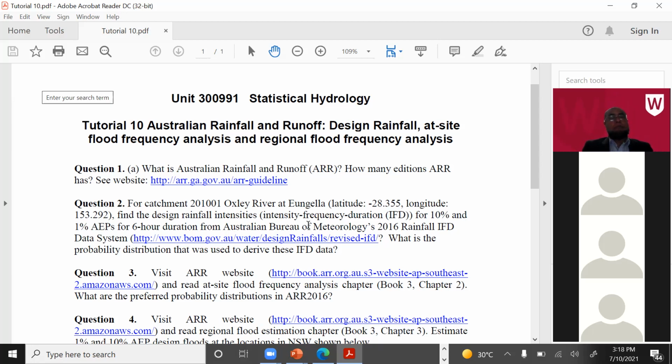I got 158 for 10% and 276 for 1%. What's the unit? Is it millimeter? Millimeter per hour. Yep. Okay. So we have to be careful about the unit. Yeah, so I got 13.4 and 20.7. What's your unit? Millimeters per hour.